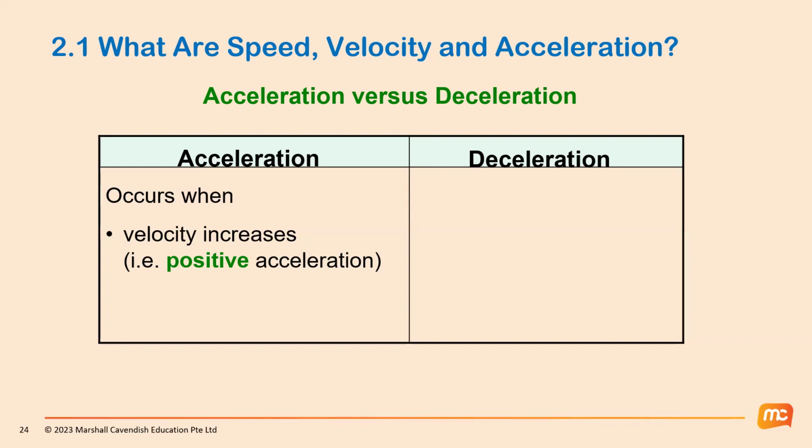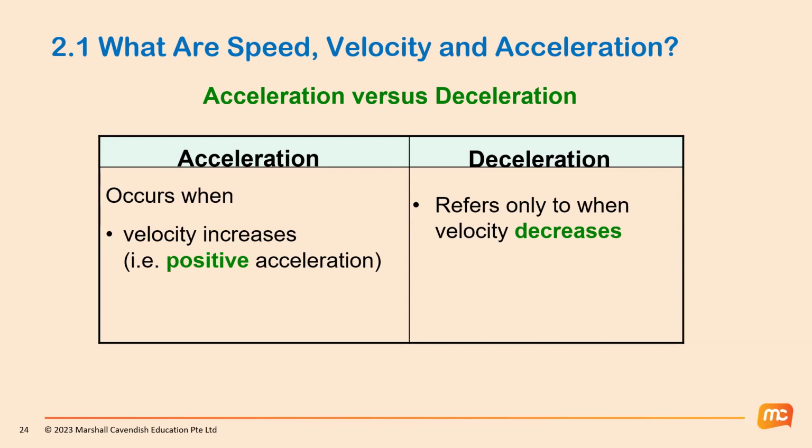But acceleration can also be negative because it's a vector. Negative acceleration simply means that the velocity decreases. Whenever the object is moving slower and slower, we don't say that it is accelerating. We say that it is decelerating.